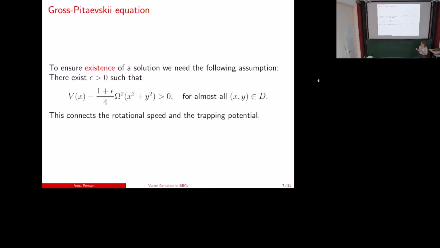It will just disappear. So you have this assumption to ensure that you have a solution. You have a trapping potential, you have (1 plus epsilon) divided by 4, and then omega squared, (x squared plus y squared). So this connects the trapping potential and the rotational speed.